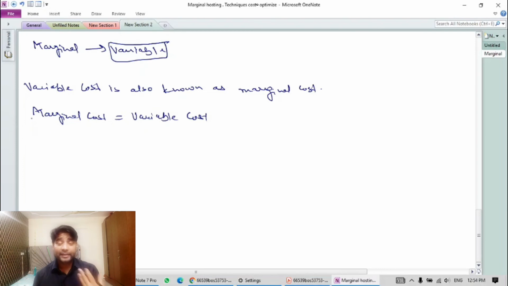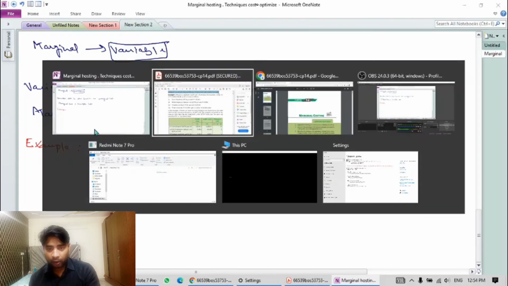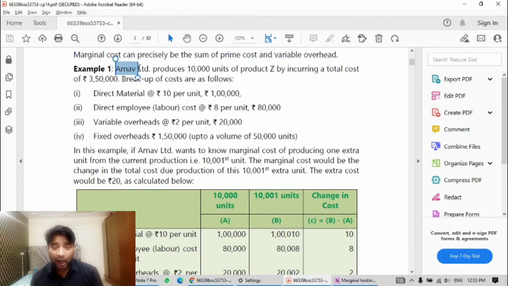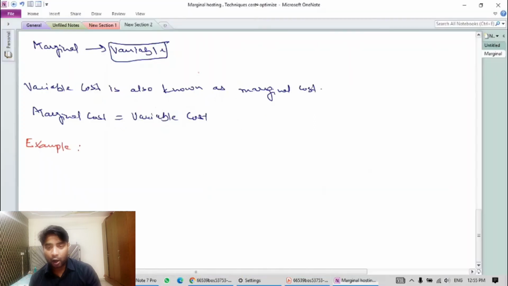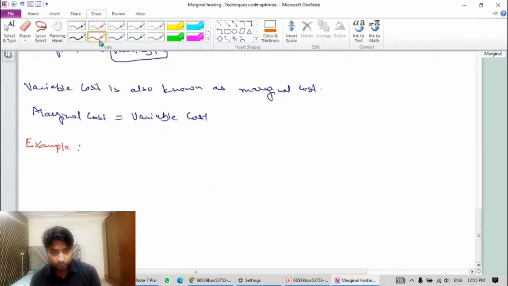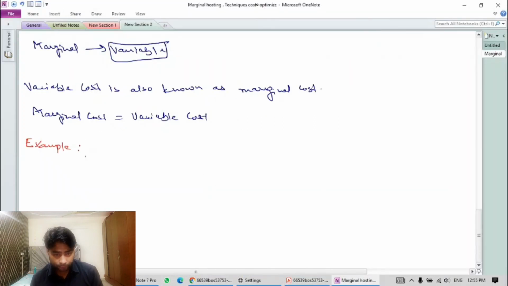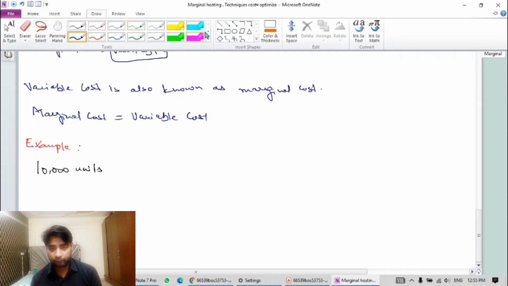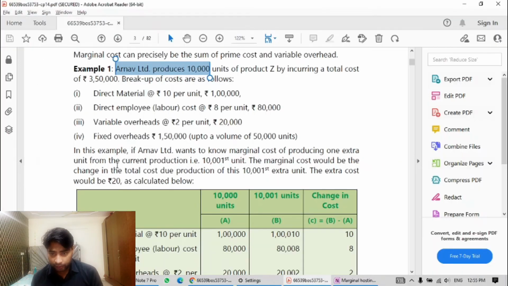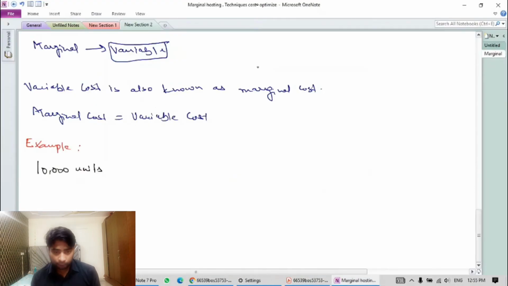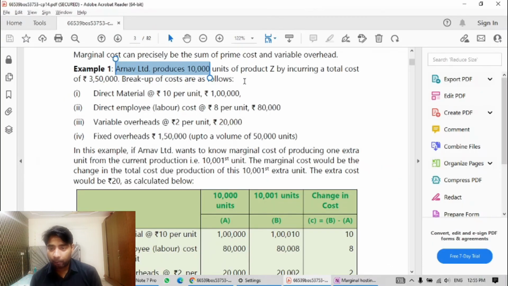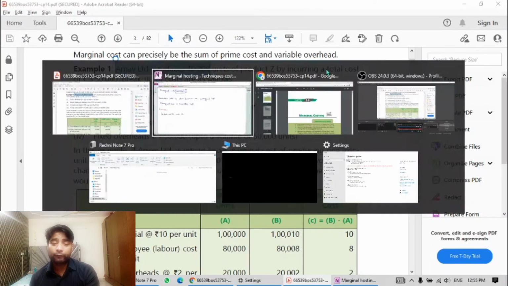Let us understand it further with an example. It says RF Limited produces 10,000 units. How many units is it producing? 10,000 units of product Z, by incurring a total cost of rupees 3,50,000.